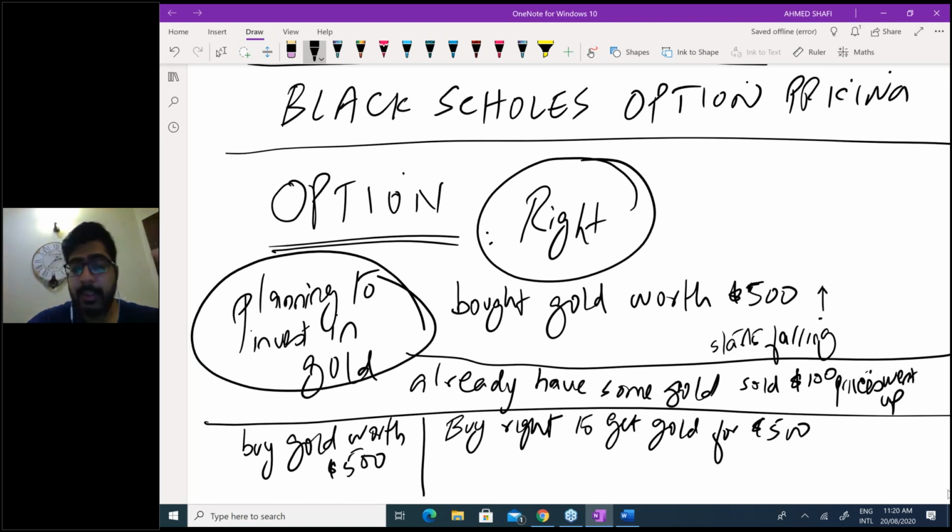In case prices increase, become 520, 530, 550, you had the right to get gold for $500, and suddenly the prices became 550. You will exercise that right for $500 and sell gold for $550 and earn gain.